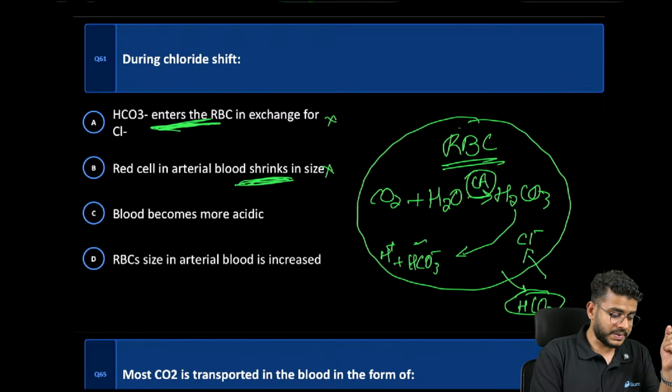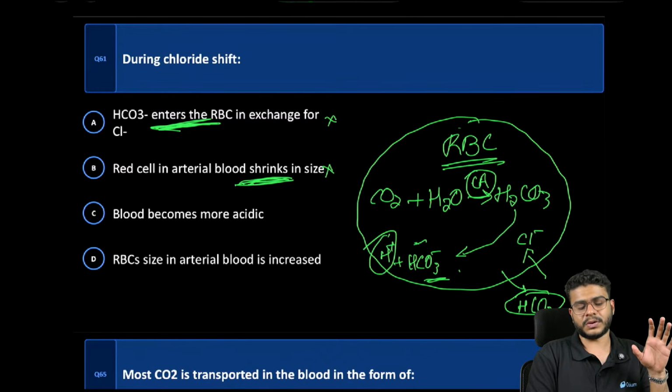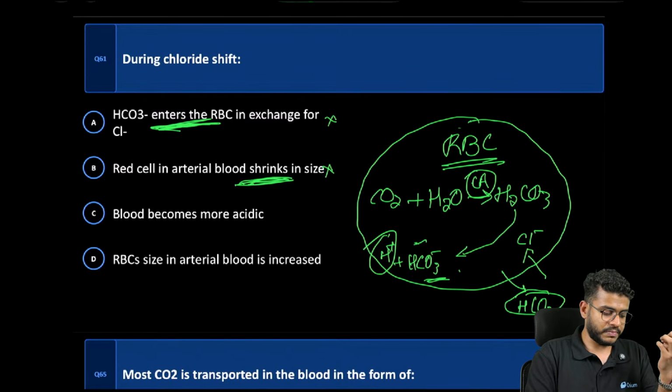Blood becomes more acidic. Is that right? Here, along with the bicarbonate, free H plus is also being produced. Most of the free hydrogen ions will be buffered by the deoxyhemoglobin, the hemoglobin which does not have the oxygen. It will buffer the free hydrogen ion, but still there will be a slight acidity in the venous blood.